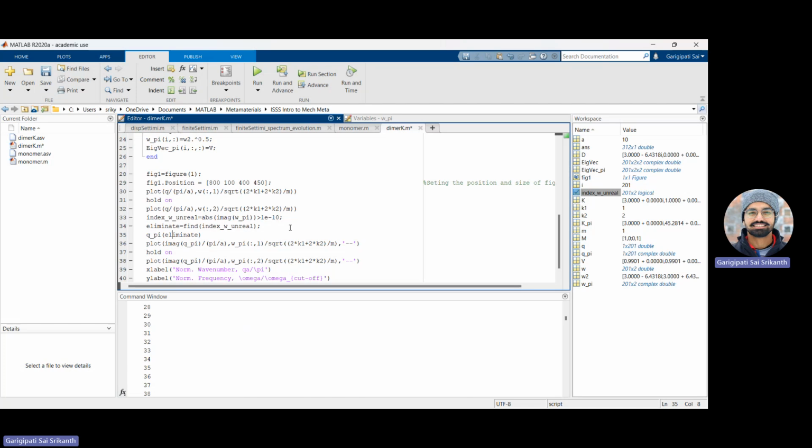Okay, so these are the indices. Eliminate gives you the indices. Okay, so null space. So yeah, they'll be eliminated. I think it should work.